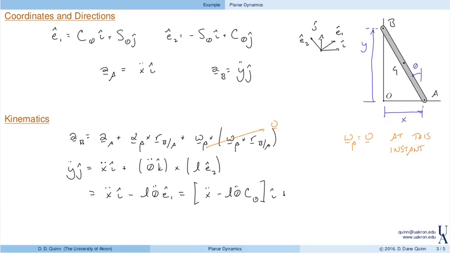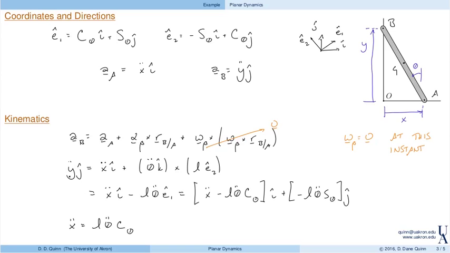And then in the J direction, we have minus L theta double dot times sine theta. So here we can take components. In the I direction we have 0. So solving the components in the I direction, we have 0 equals this quantity. So we can solve for x double dot in terms of theta double dot.